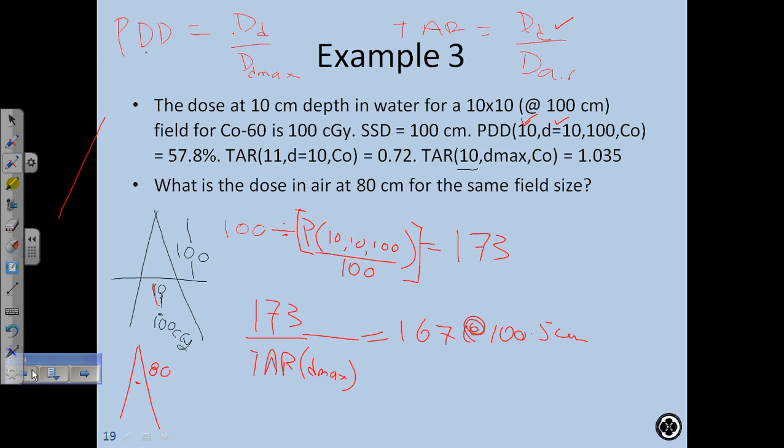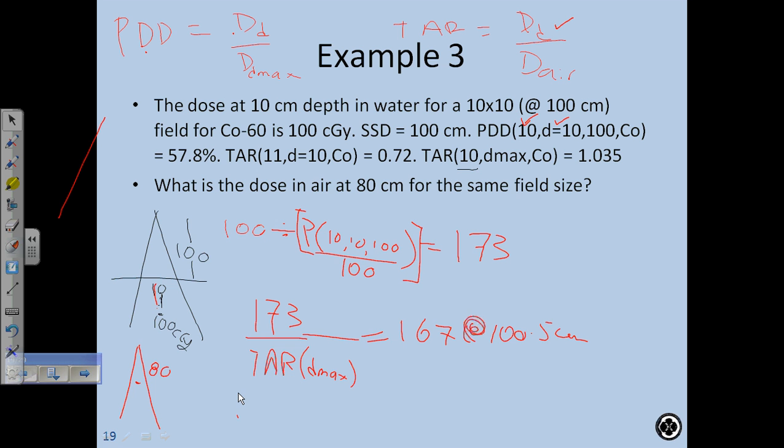Inverse square. All right, so 100.5 times. What numbers am I putting in there? Isn't the 100.5 the distance? Yeah, thank you. Just testing.